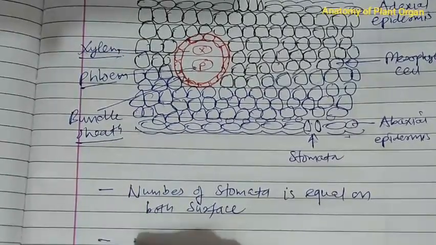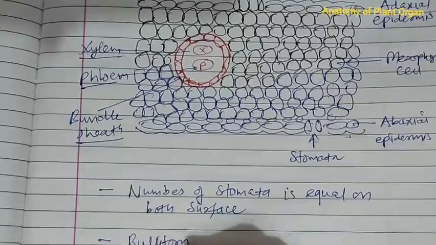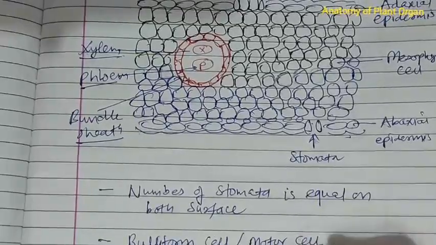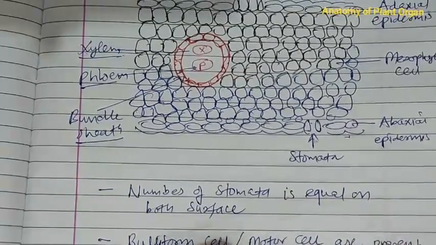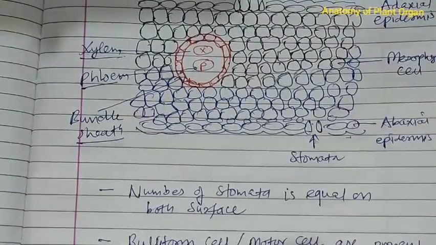Then bulliform cells or motor cells, they are also named motor cells, are present in upper epidermis.